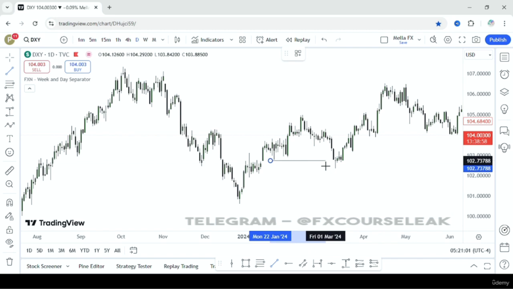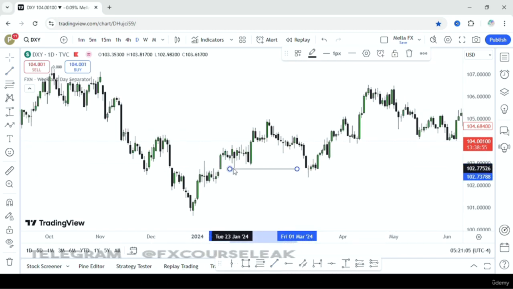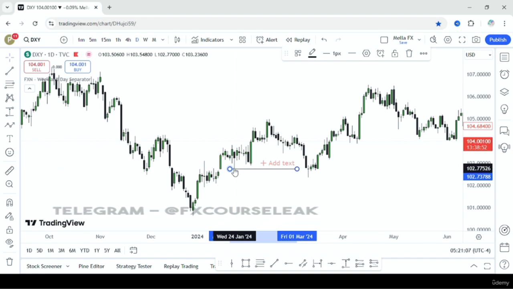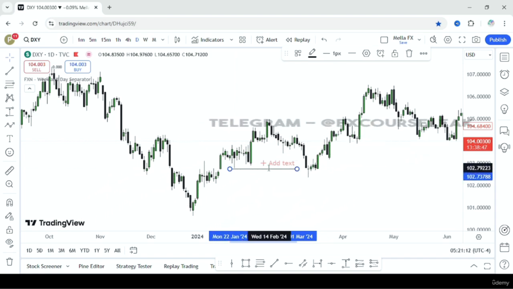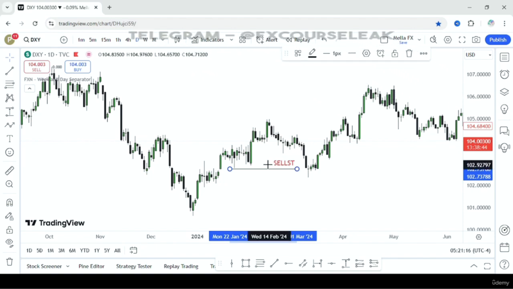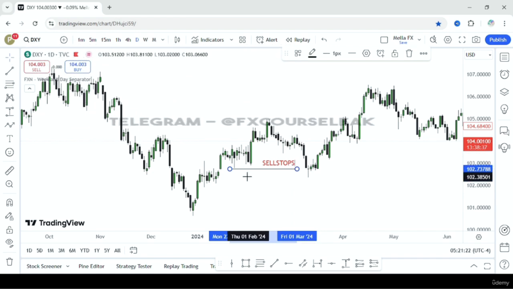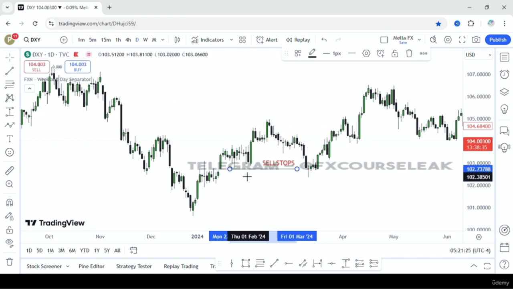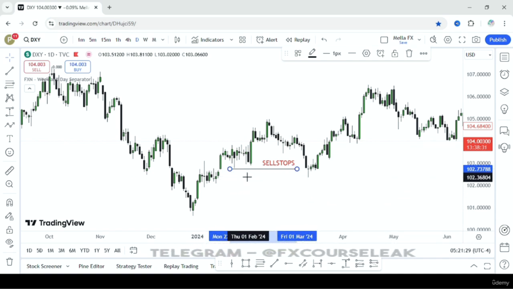So sell stops are orders or built up orders which are below current market price. They are found below swing lows, daily lows in the market.